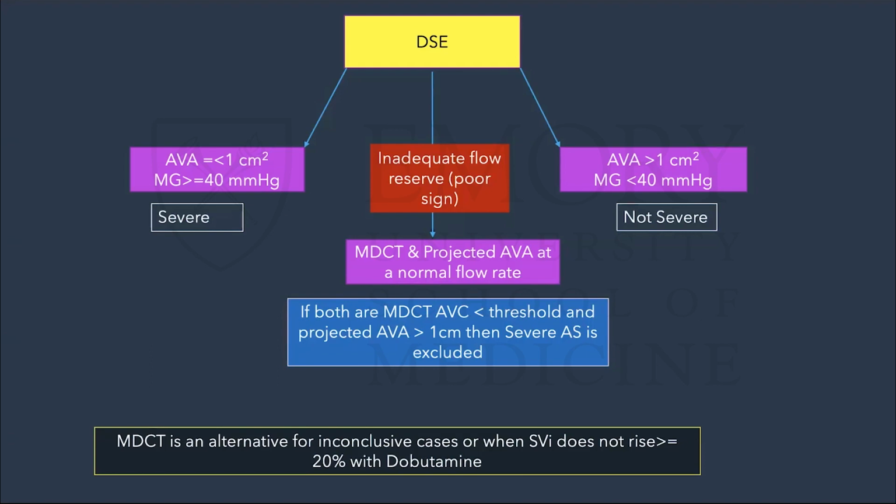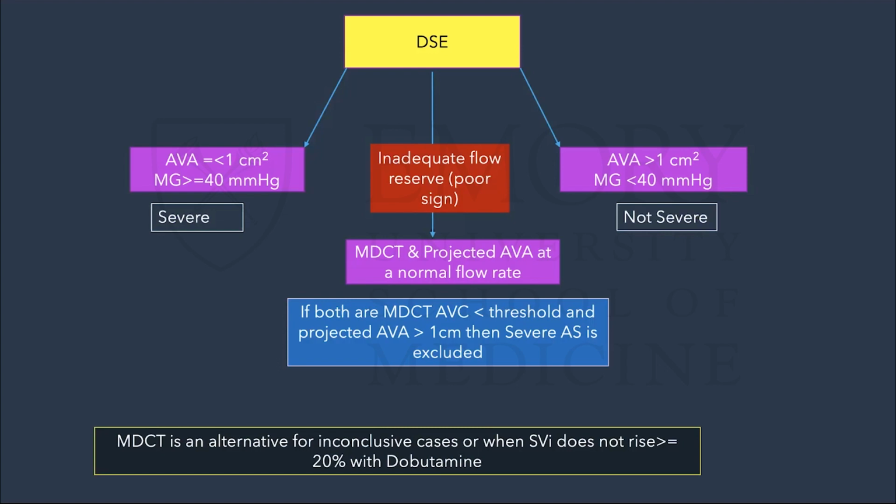Those who have an increase in valve area to more than 1 centimeter and whose gradient drops and stays below 40 are considered not severe AS, or what's called pseudo-severe AS.